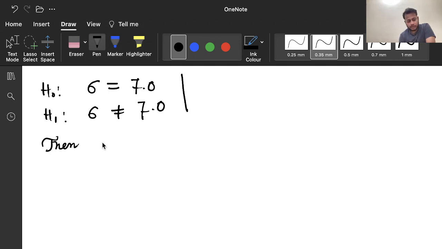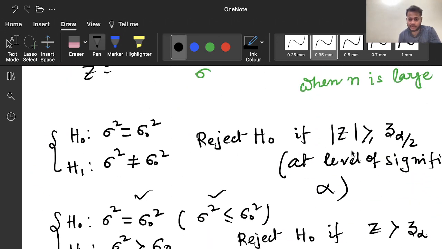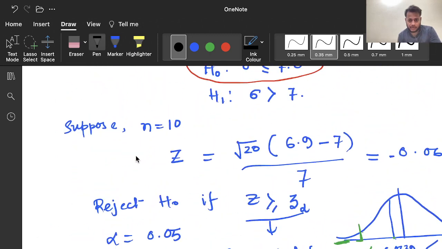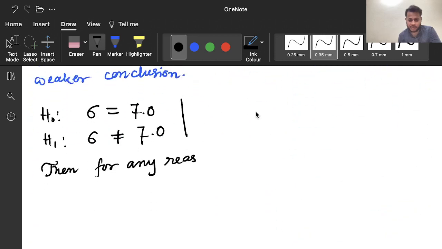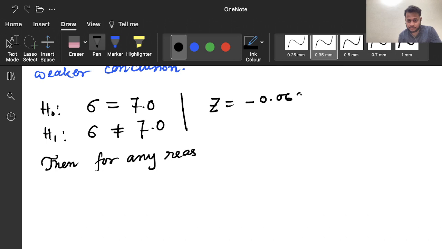Then for any reasonable alpha, what will be our test? Our test is: mod z should be greater than z alpha by 2. The value of the test statistic will remain the same, that is 0.0639.